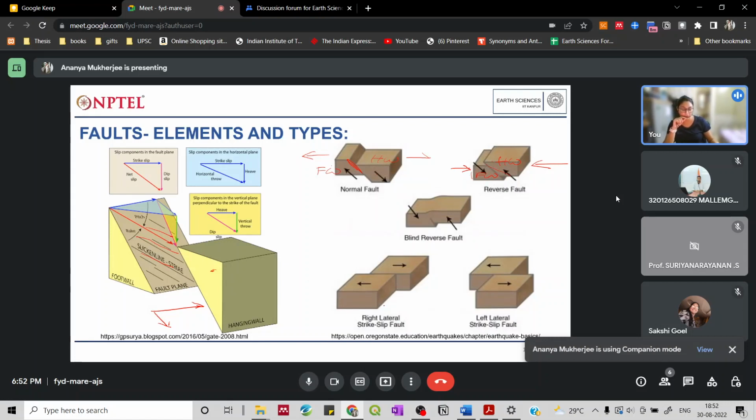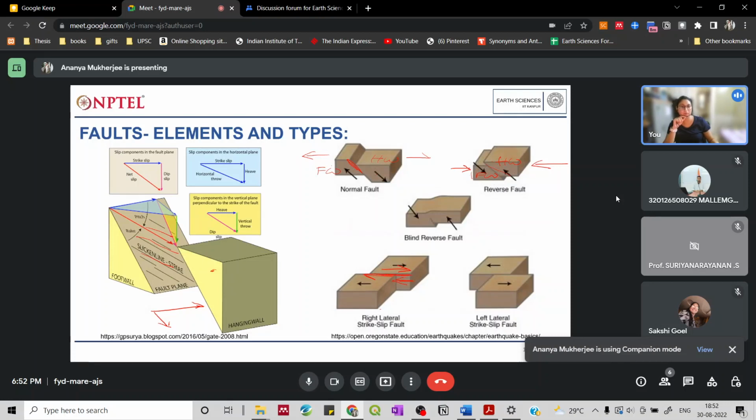Now when we talk about right lateral and left lateral strike slip, these are due to shear stresses, as explained before, where they are working against each other in opposite directions, and these slide along the fault plane. So the movement that we see here is along the strike of the fault plane.